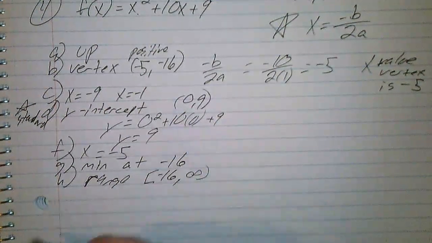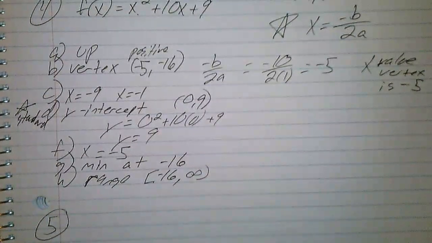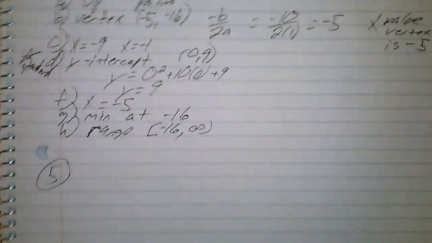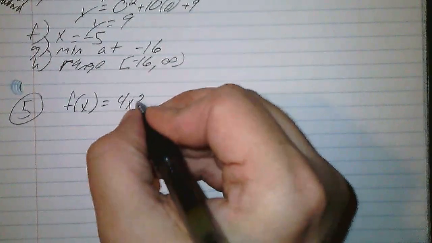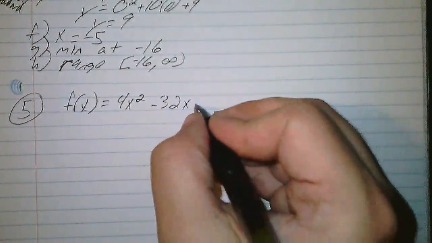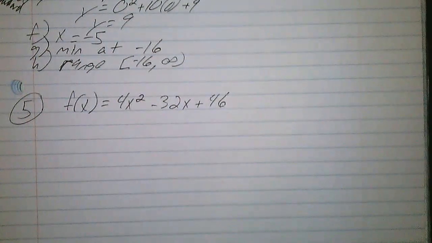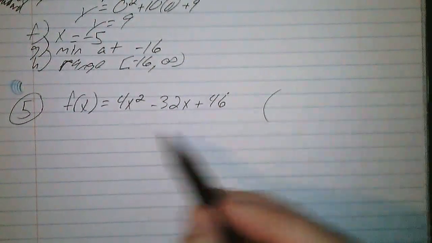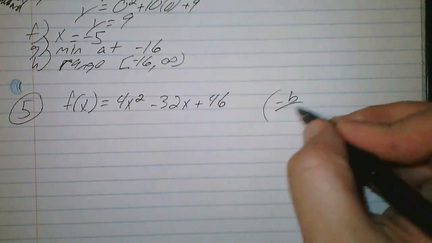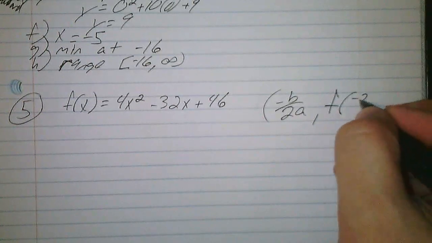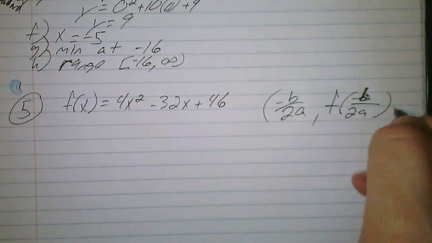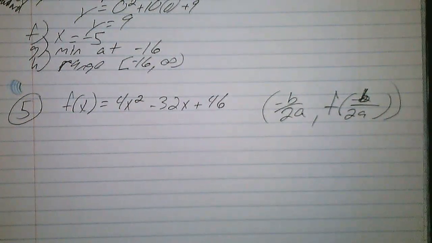Number 6 is similar to this. You could just use the calculator. Number 5, I have an example here. We are just asked for the vertex. So again, in polynomial form or standard form, the vertex is at -b/2a, and then the y value at that x value.